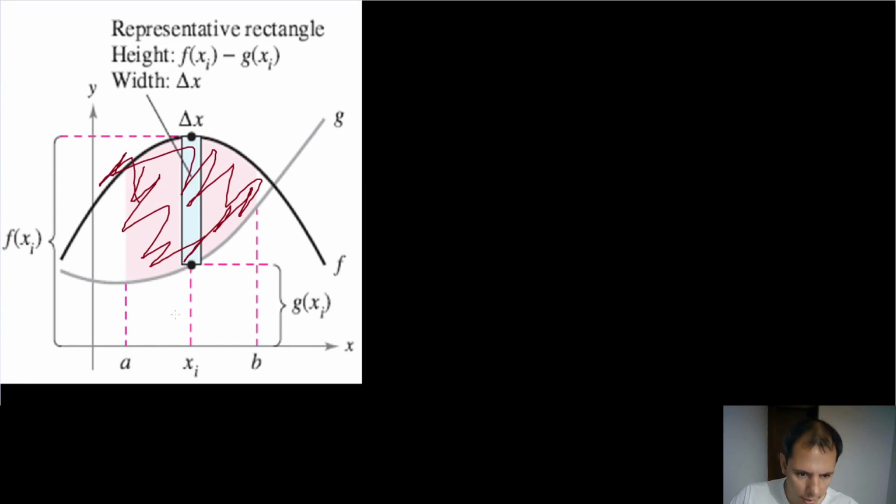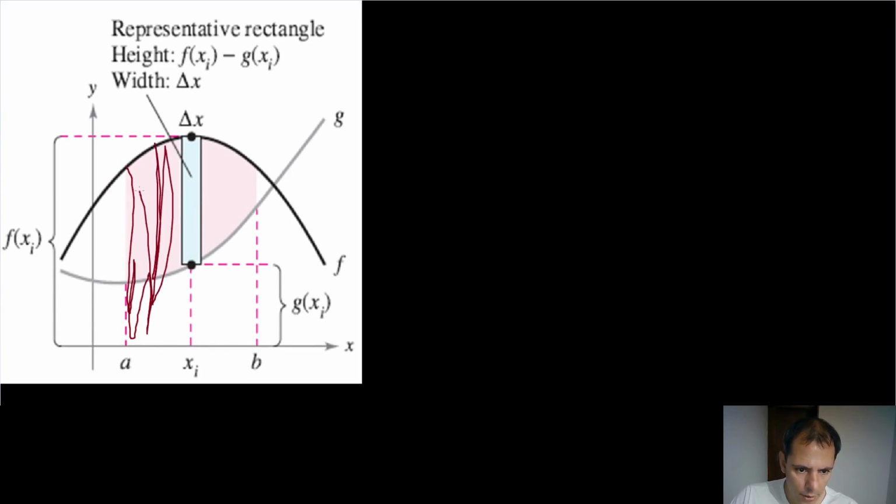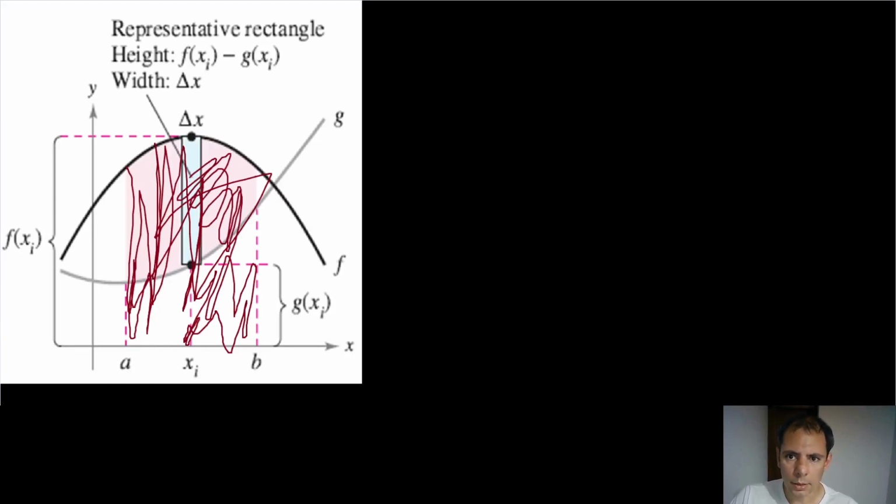You get the whole area, this entire thing underneath the f curve, minus this area right here underneath the g curve. So in order to do that, what you have to do is this.